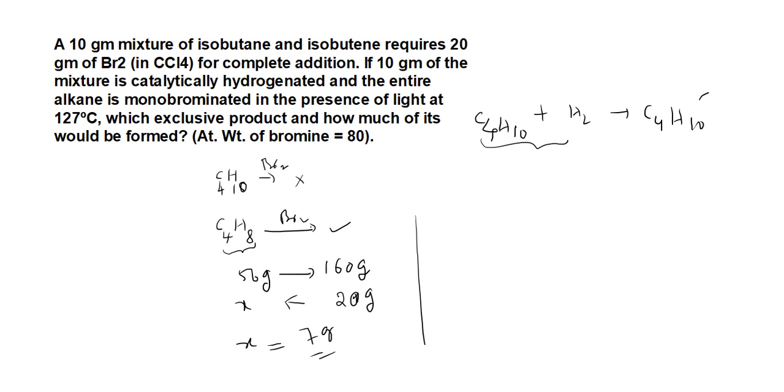It means that 56 grams of this isobutene reacts to give 58 grams of isobutane. If that is the case, then 7 grams of this isobutene gives how many grams of isobutane?